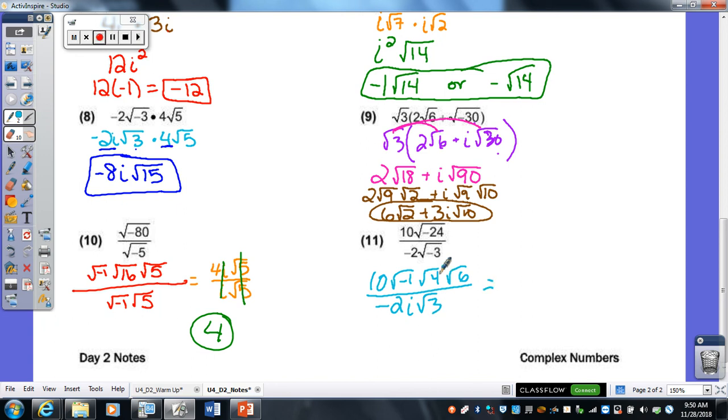So the square root of 4 is a 2, but times the 10 that was already there is where my 20i radical 6 comes from. And then that's a negative 2i radical 3 in the bottom.